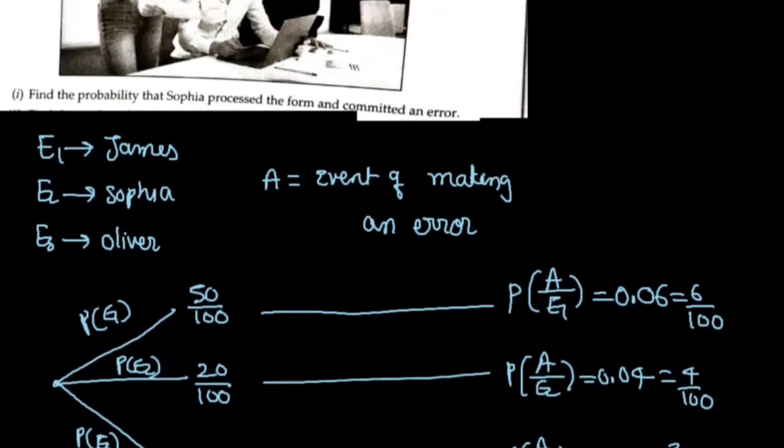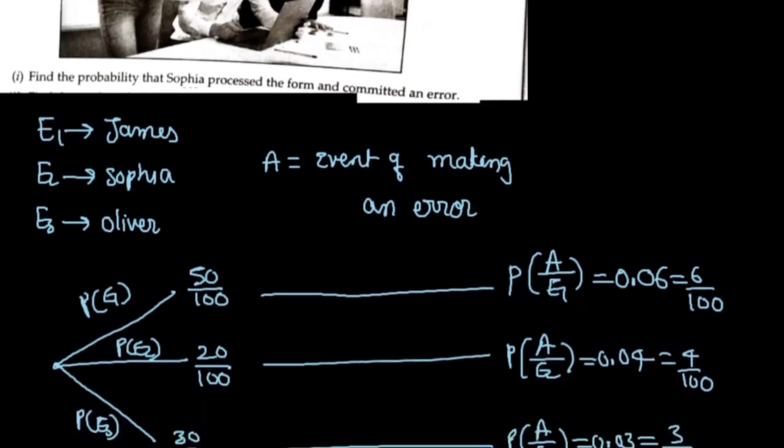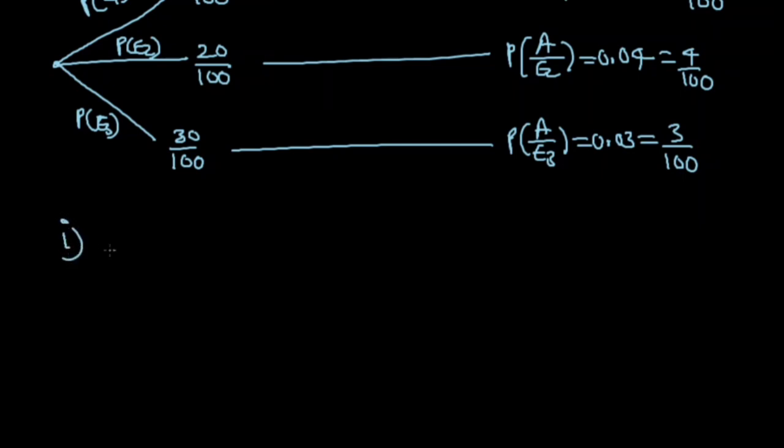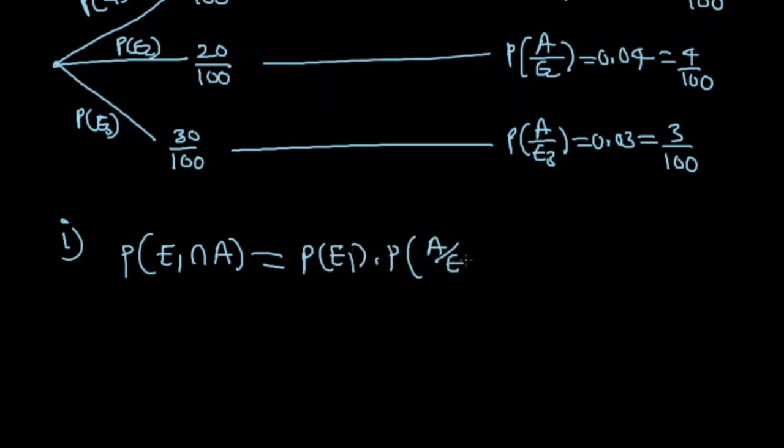So what is asked in the first question: find the probability that Sophia processed the form and committed an error. So it is asking for Sophia making an error. According to the multiplication theorem, P of E1 into P of A by E1.